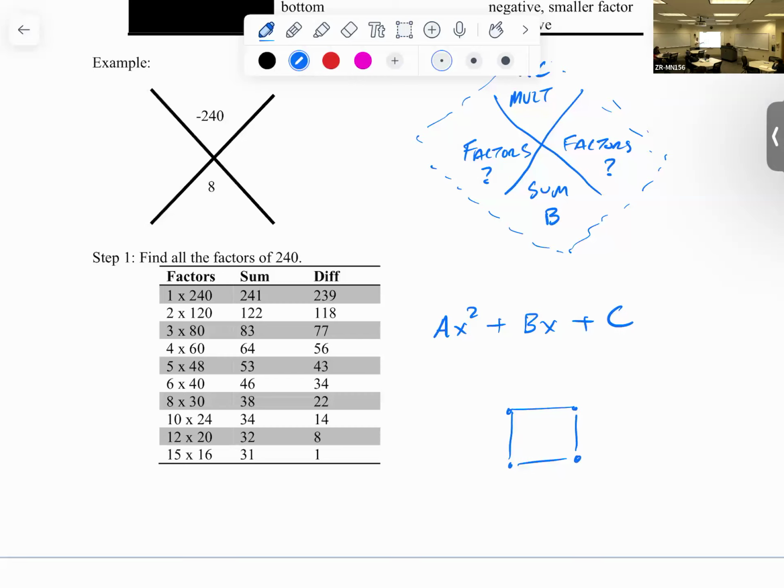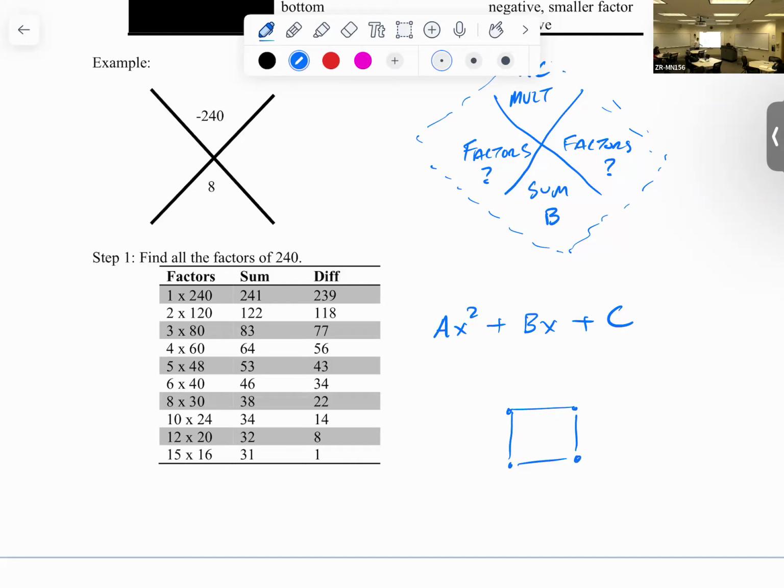I started with this big one so you could see all the possibilities. This goes 1, 2, 3, 4, 5, 6, no 7, 8, 10, 12, 15. This is literally all the possibilities of any 2 numbers. List them out and figure out which one works. Looking at these possibilities, what are the 2 factors?